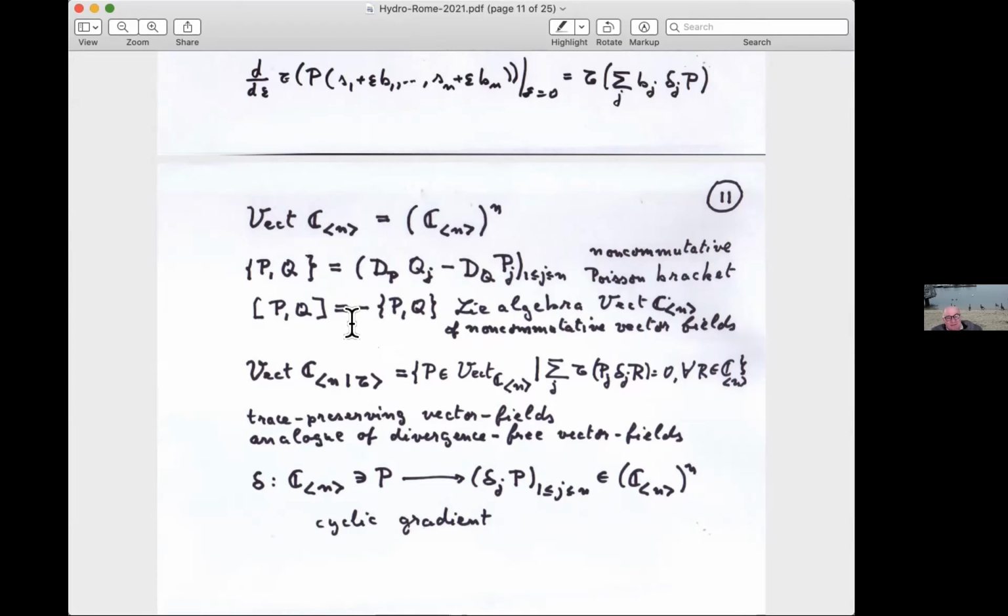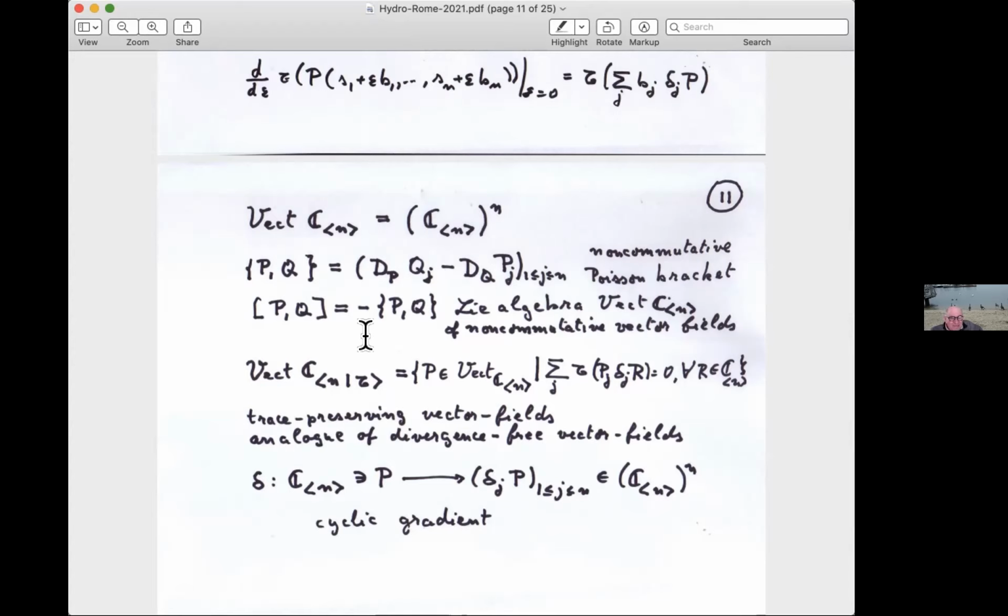You take the derivation given by P, apply it to the components of the vector field Q, and minus the derivation defined by Q applied to the components of P. And then the Lie bracket for the Lie algebra of vector fields will be minus the Poisson bracket.